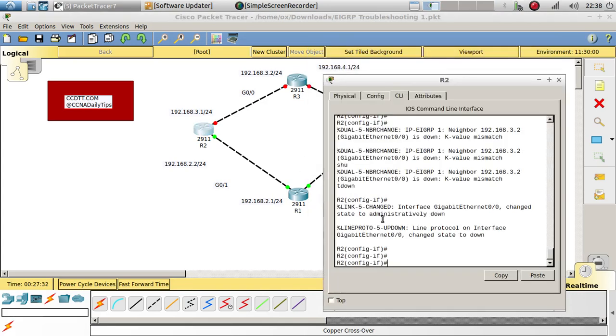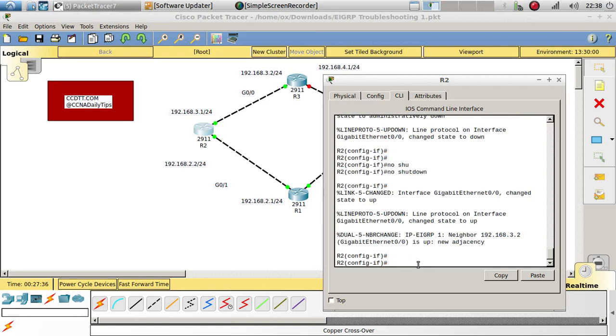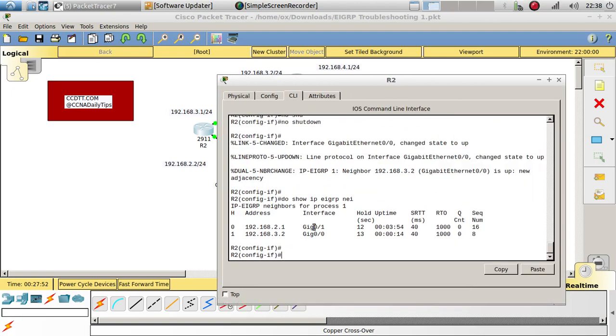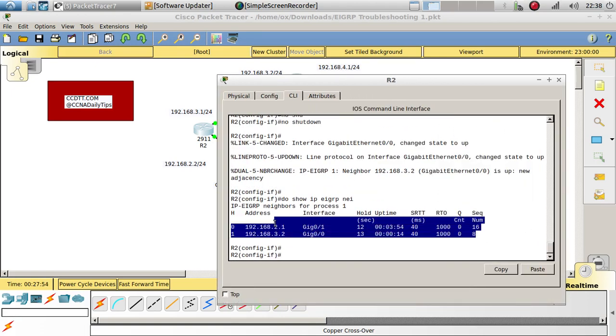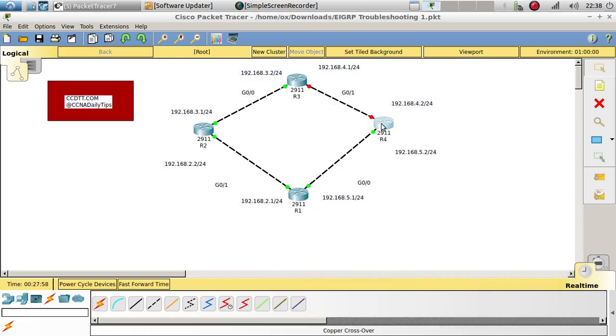Let's go ahead and do no shutdown over here. And as soon as I did a no shutdown, you can see that we have a neighbor relationship. So if we do show IP EIGRP neighbors, we can see that we have formed a neighbor relationship with router 3, so that's working correctly.